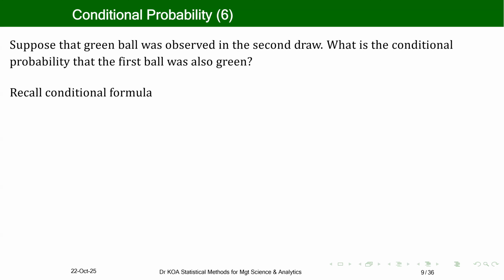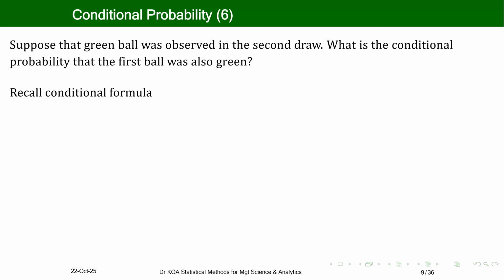This is a very, very interesting question. Suppose the green ball was observed in the second draw. What is the conditional probability that the first ball was also green? So now we are not asking you G1, G2, the intersection question, which is the one you just solved.